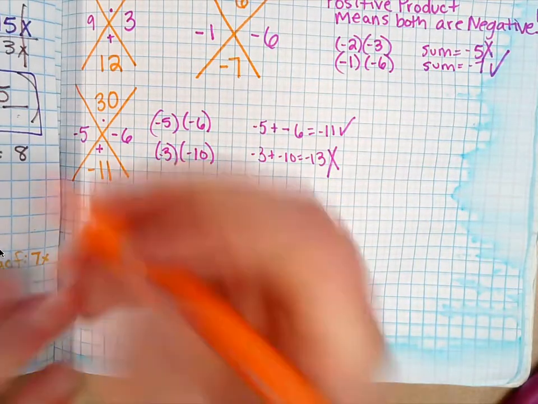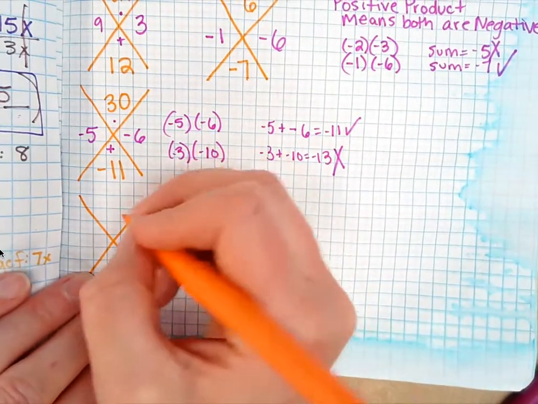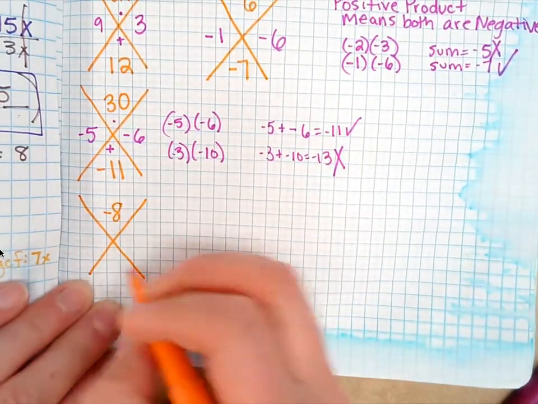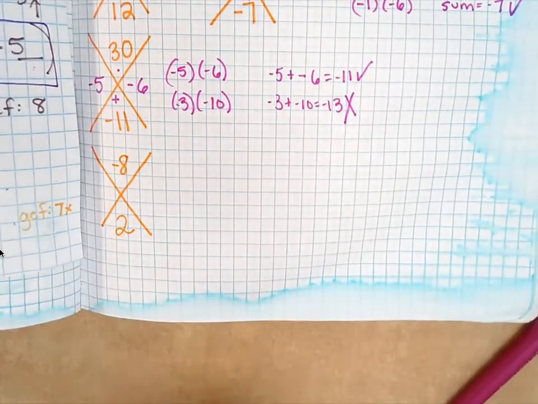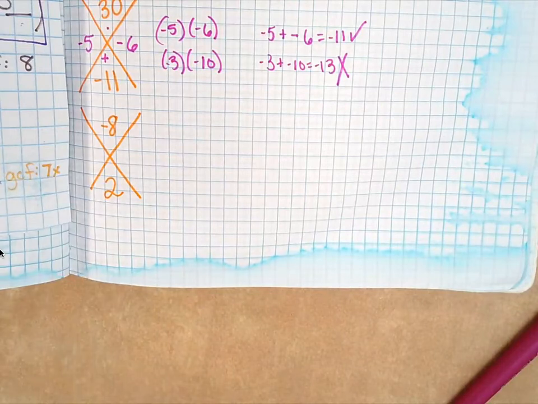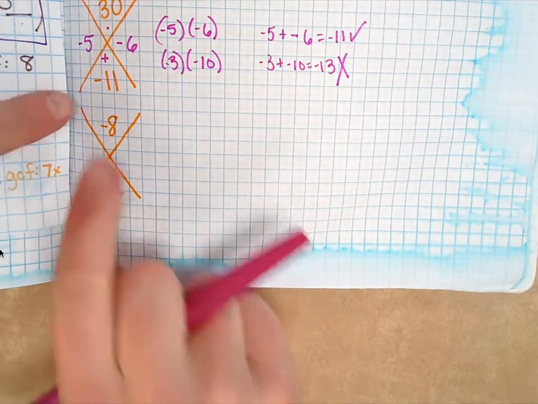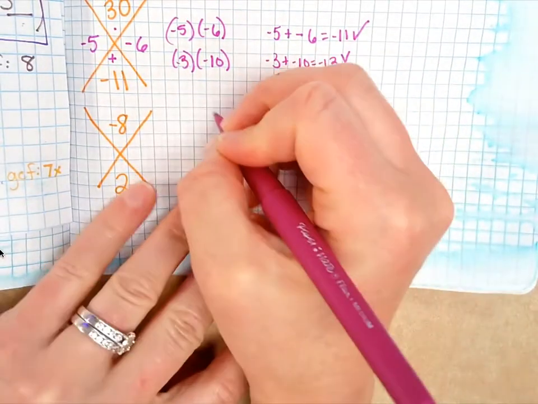All right, let's do another one. Let's do whenever the product is negative, but the sum is positive. So the only way to get a negative product is whenever your signs are different. So you need to write that out to the side.